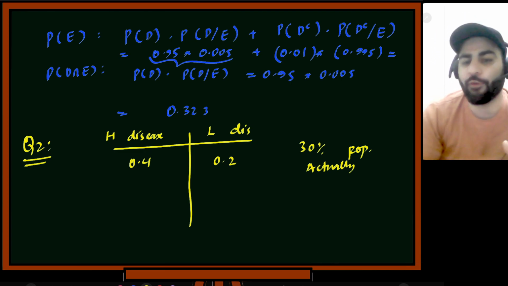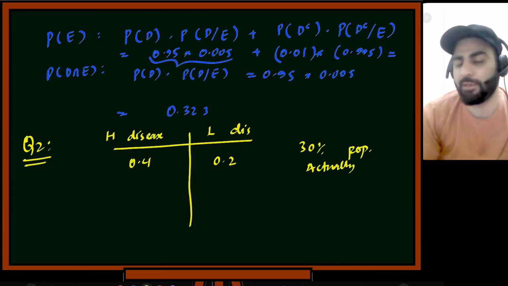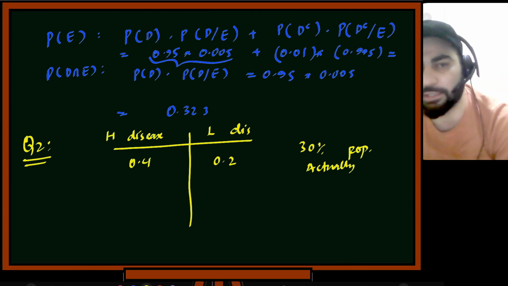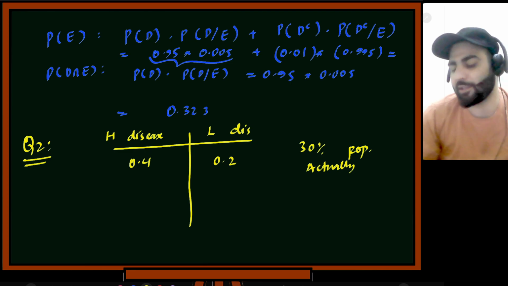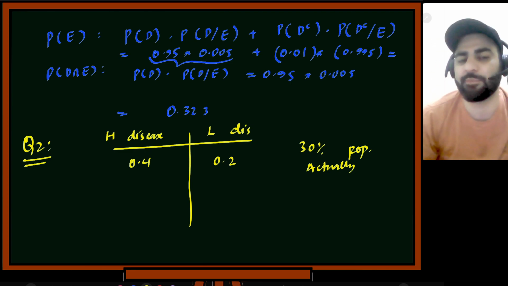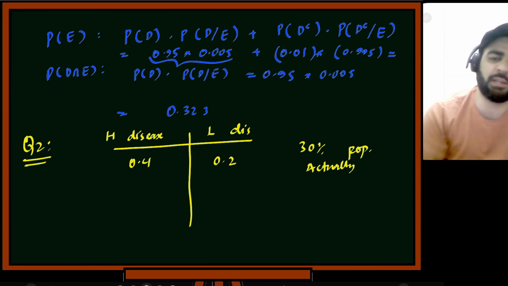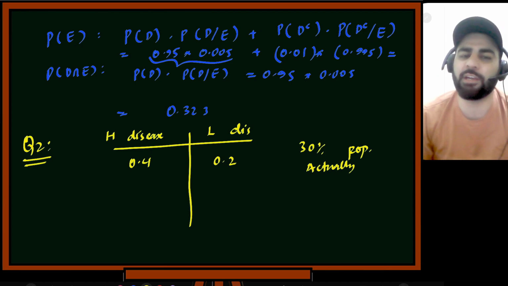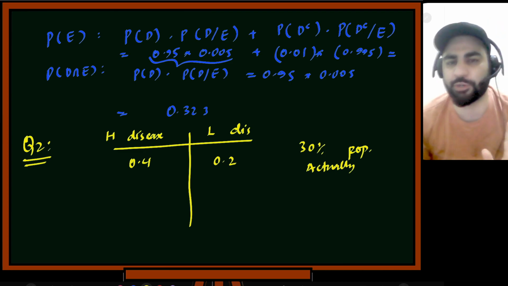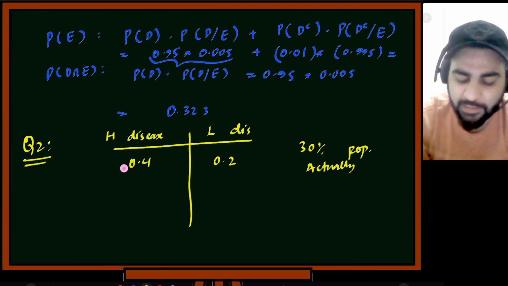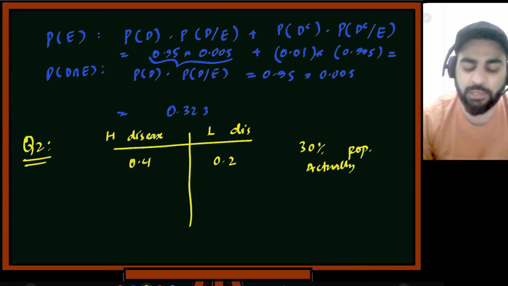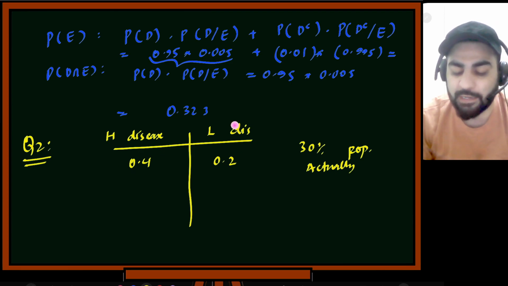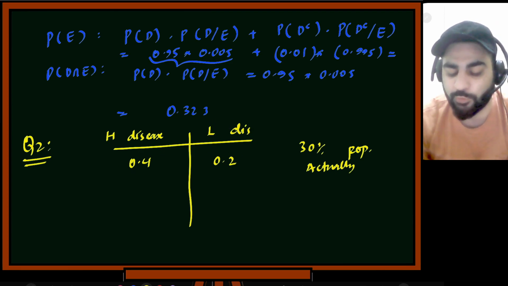Now they will have to offer premiums, or plans, based on this. So what is the probability that the policy holder, whoever gets the policy, will have an accident within 1 year of purchasing it? This is the question. Everything is here. We have been given the chance for a person who is really prone to disease, which is 0.4, and for low disease people it is 0.2 within 1 year.